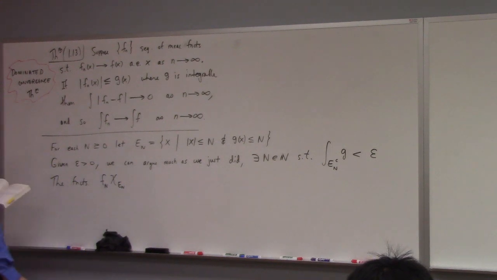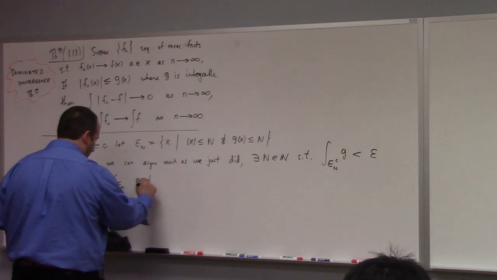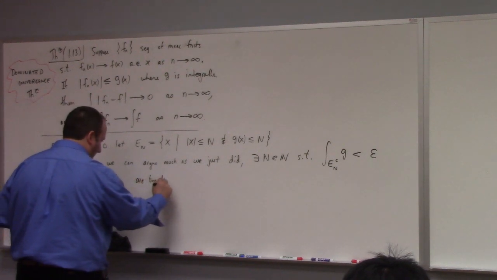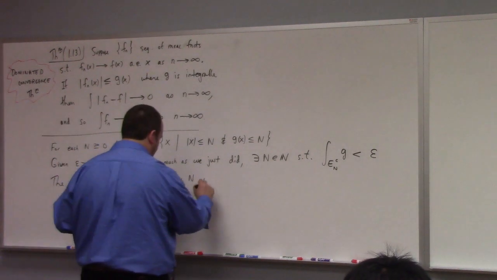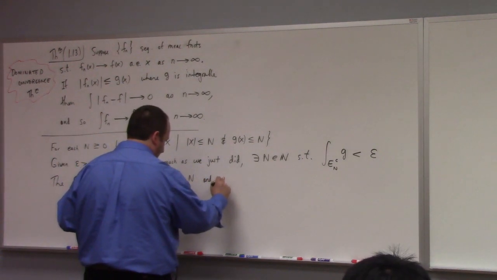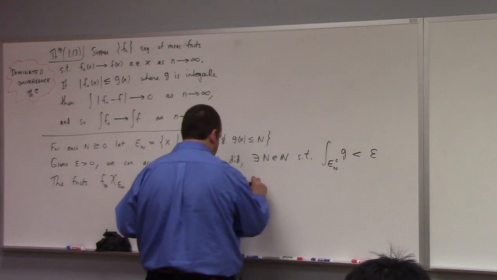But I feel like that should be f. What do you guys think? It says the functions Fn chi En are bounded by n and supported on a set of finite measure.